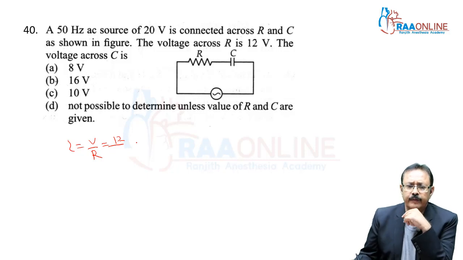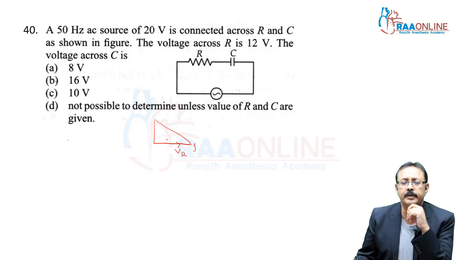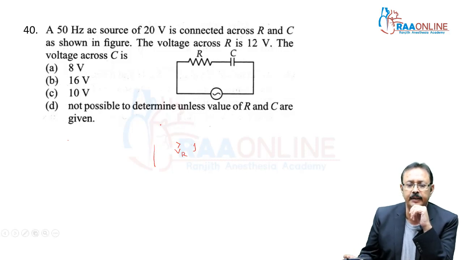Okay, we will go with the impedance triangle. R is not given, so we will take the help of the impedance triangle. VR is in the same phase with I, but in a capacitor the current leads by 90 degrees. It means XC should be in this direction.